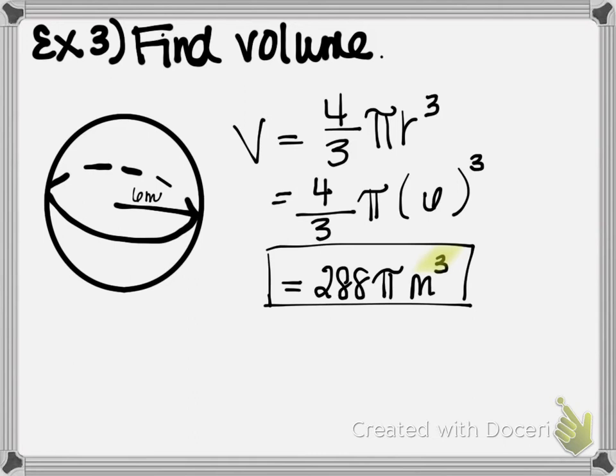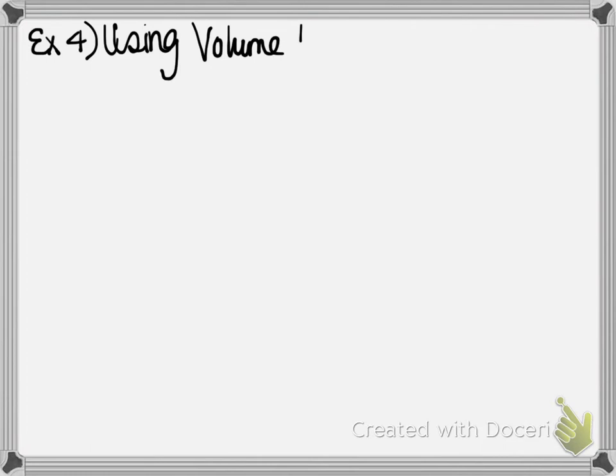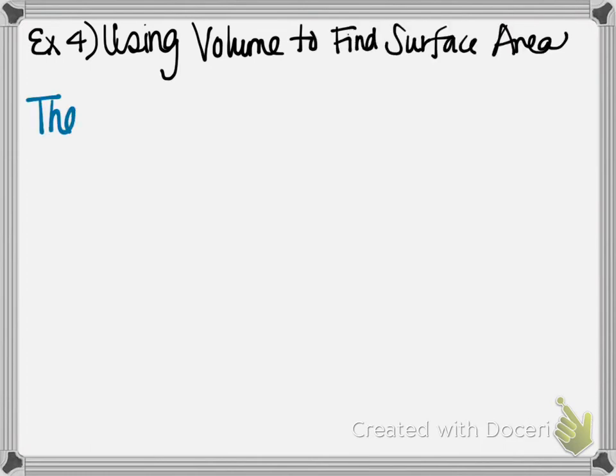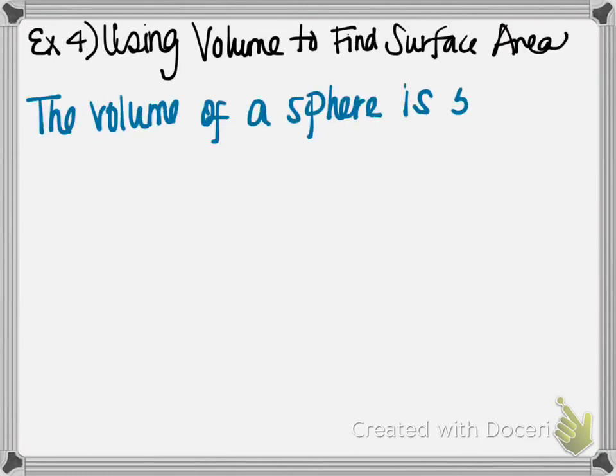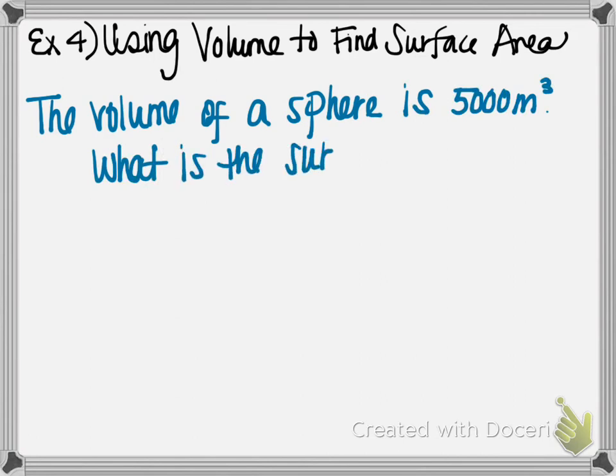We have one more example to do, using the volume to find the surface area. So what if they tell you what the volume is and they want you to find the surface area? We will actually start this problem and we won't finish it all the way, but let's start it. The volume of a sphere is 5,000 meters cubed, and I want to know the surface area.